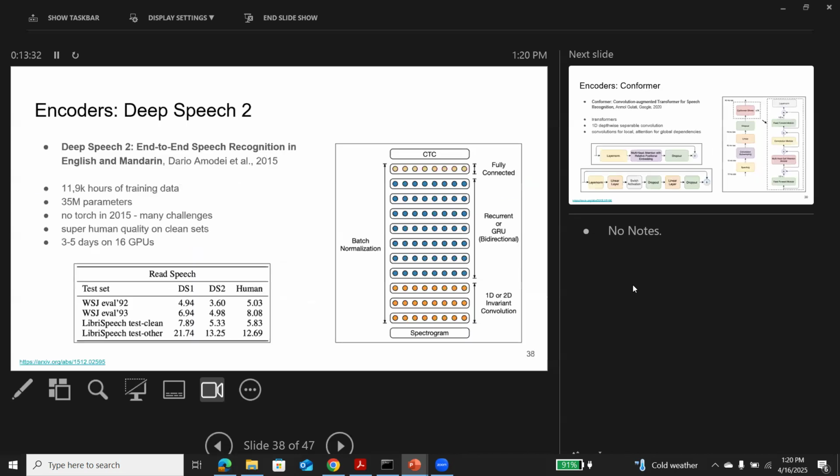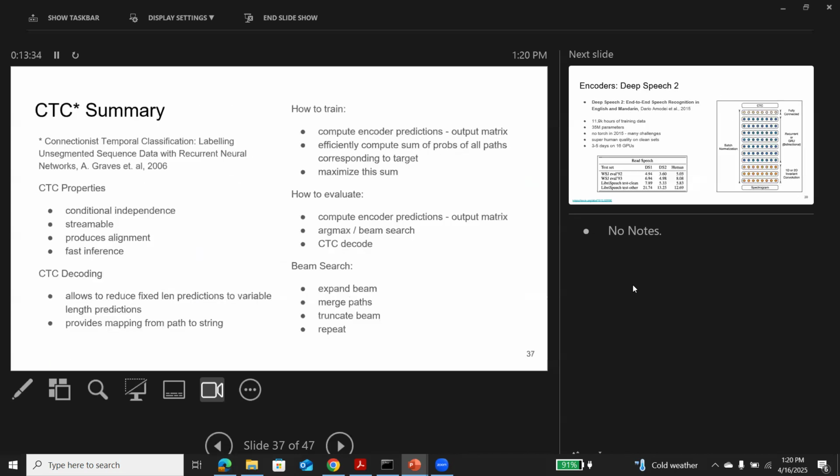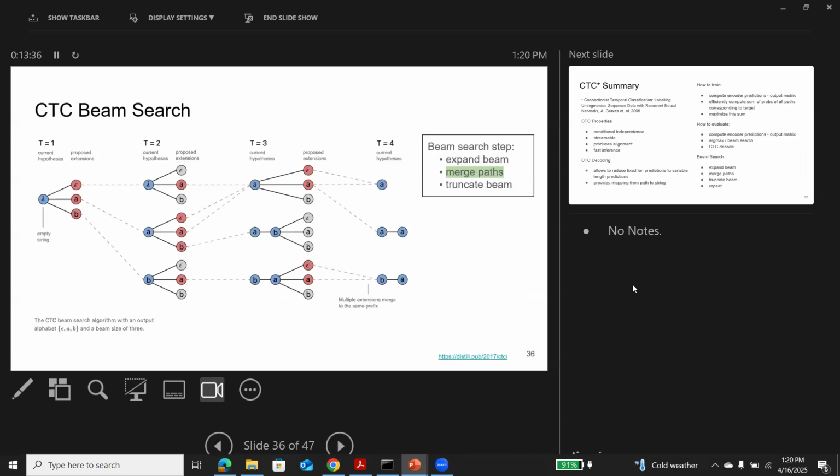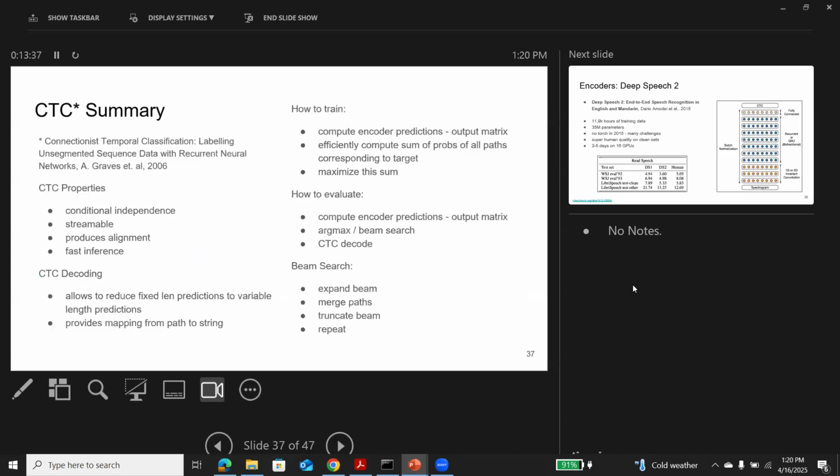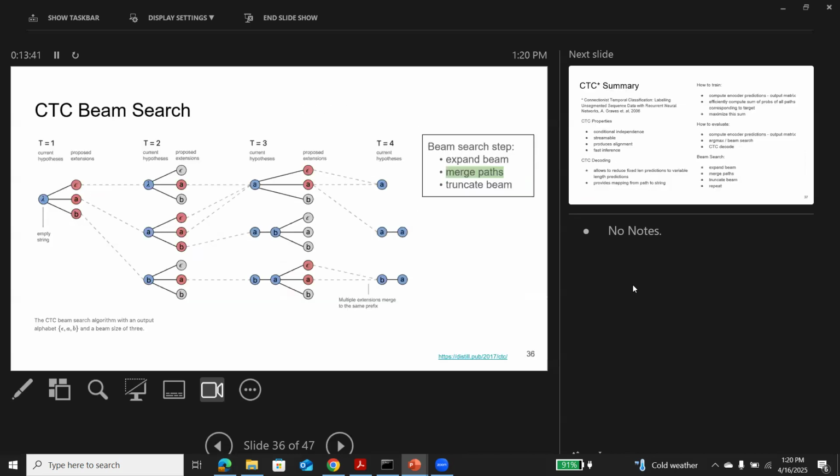Let's see if there is a result. No, I don't see the result. Or maybe it will be later. Because if we have several outcomes from our speech recognition model, we can choose the most probable word using a language model.